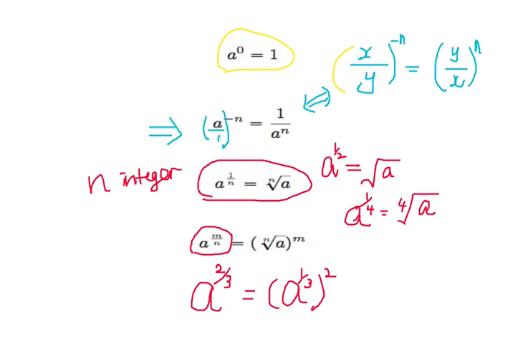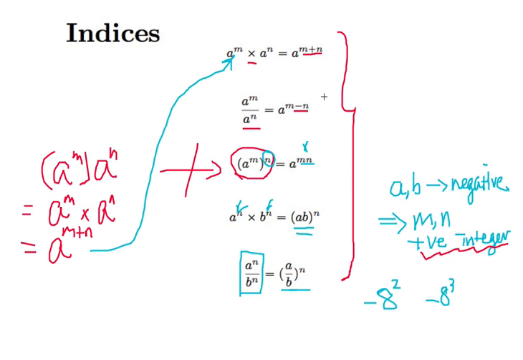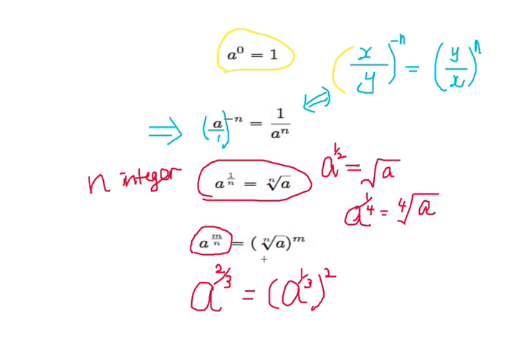This brings us back to this rule here, where there's a bracket, it means times, so 2 times 1 over 3 will give us back 2 over 3. If I rewrite it like that, it will become the cube root of a, to the power of 2. So this is essentially what this rule means.